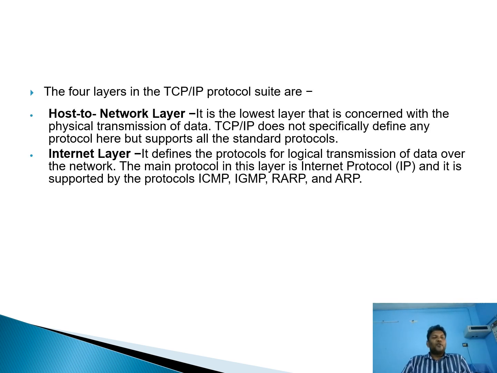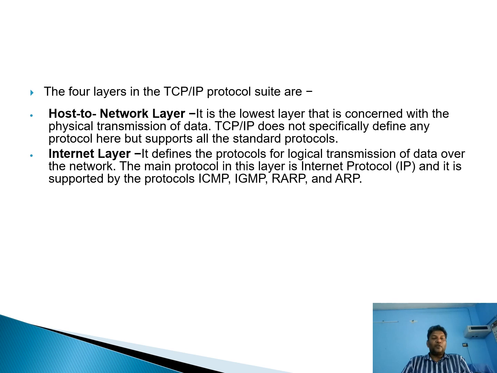Students, the four layers of TCP/IP protocols are as follows. First, the host to network layer. It is the lowest layer, concerned with the physical transmission of data. TCP/IP does not specifically define any protocol here, but supports all the standard protocols. The next layer is the Internet layer.